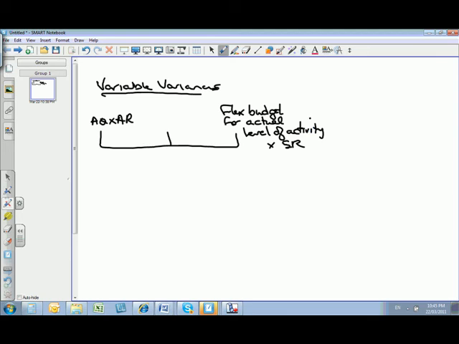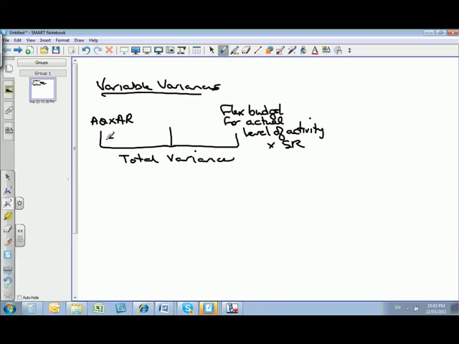Now this comparison would give you the total variable variance, or the total variance for the variable overhead.